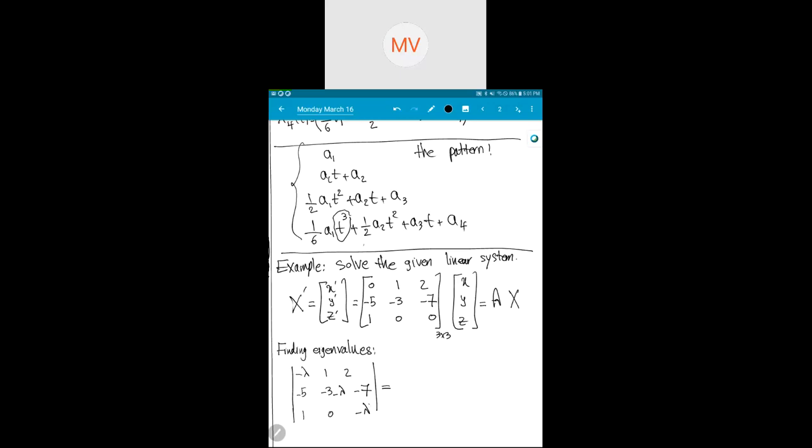We go ahead and expand along the last row because there's a 0 in it. Makes things easier. So we're going to get 1 times the 2 by 2 with 1, 2, -3 minus lambda and -7. And then negative lambda times the other 2 by 2: minus lambda, 1, -5, -3 minus lambda. Okay.